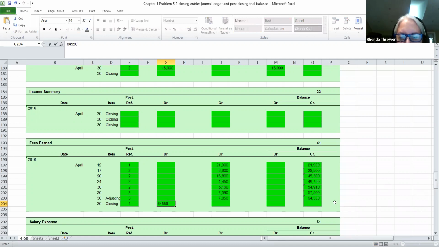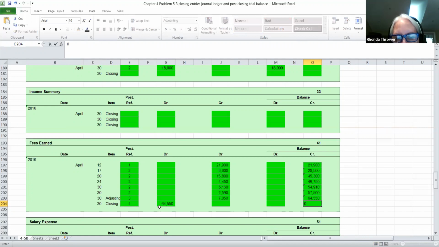If you forget, it's that ending balance that we want to zero out here, so that once you have closed the fees earned account, your credit balance now will have a zero balance here.